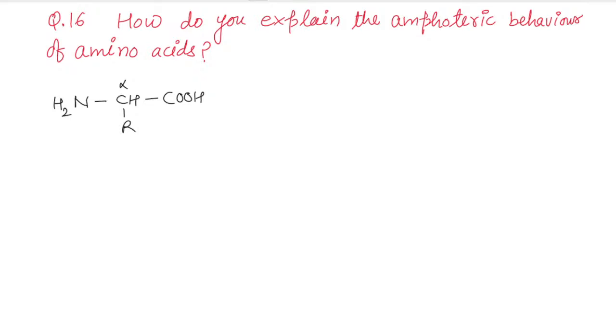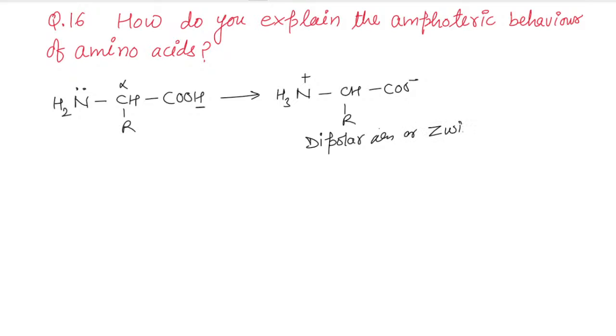So what happens? The COOH group loses an H+ ion and the NH2 group accepts an H+ ion. As a result, it exists as a dipolar ion, or we can say a zwitterion structure.